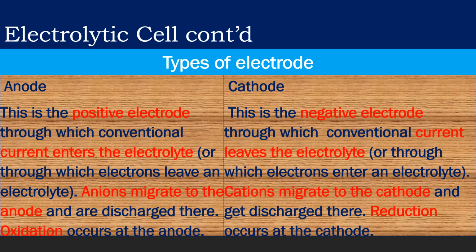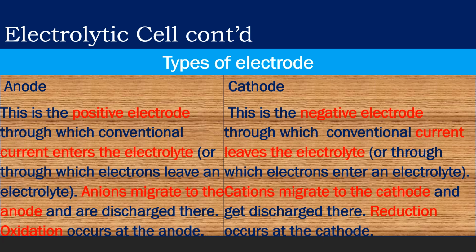Alright, types of electrodes. There are two types of electrode. We have anode and we have cathode. Anode is the positive electrode through which conventional current enters the electrolyte. And of course, anions migrate to the anode and are discharged at the anode. And at the same time, oxidation reaction occurs at the anode. What about cathode?